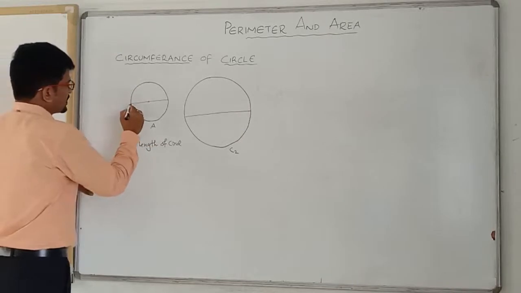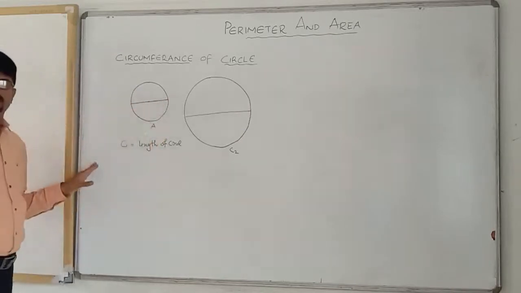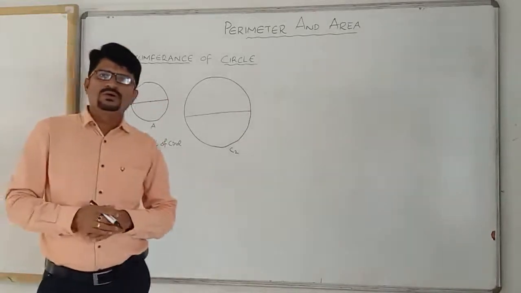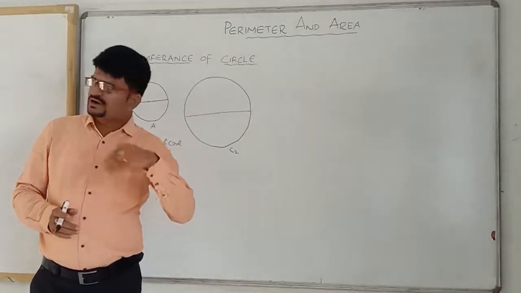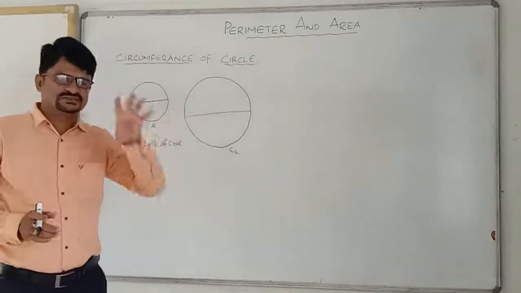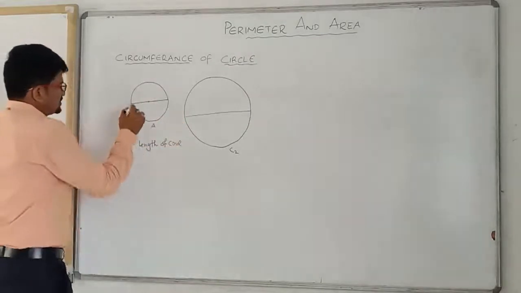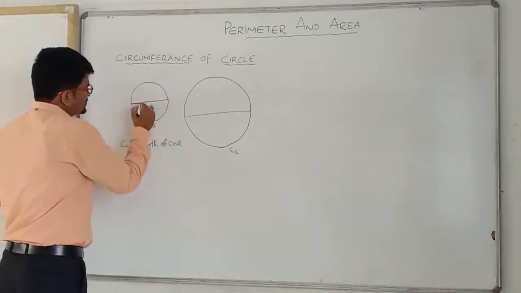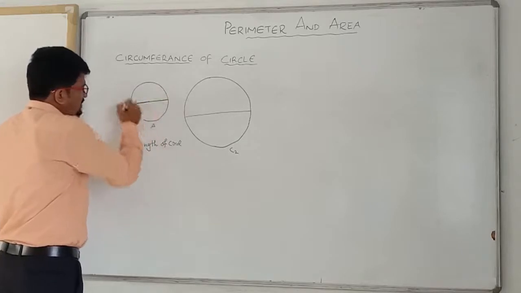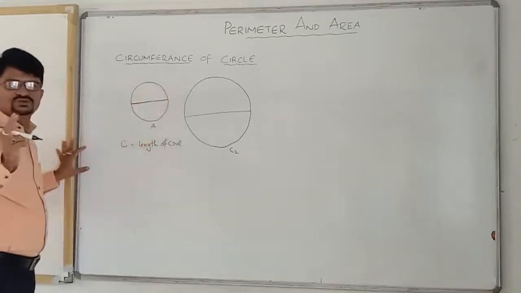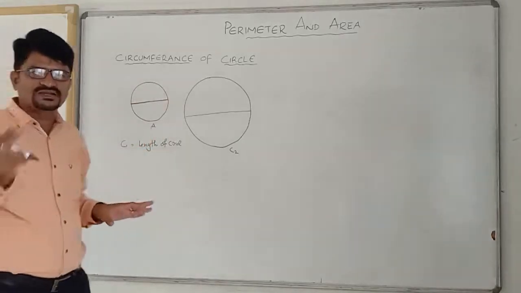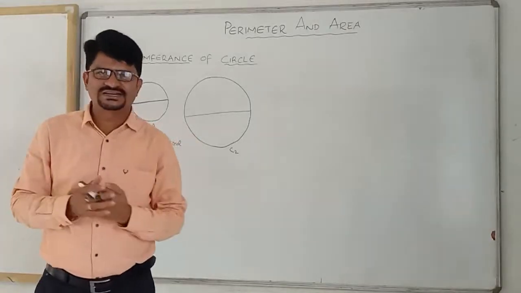And this is the diameter now. If you do this for whatever circles, small circles, big circles, this diameter and this circumference, the ratio of the diameter and circumference should be a constant.